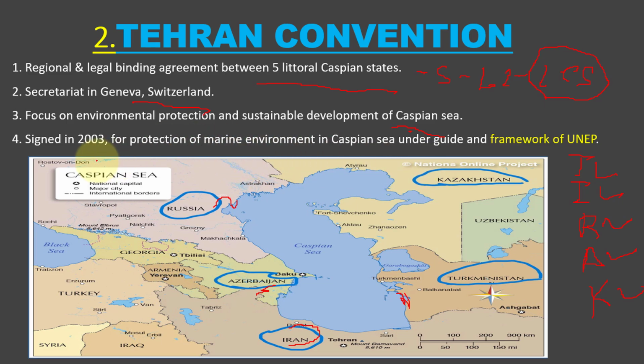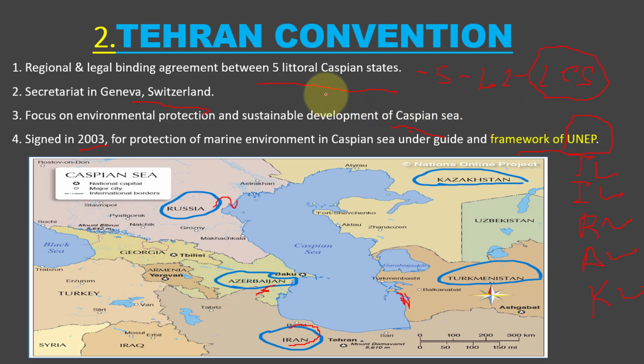Now, friend, the important fact you need to remember is that it was signed in 2003, for protection of the marine environment in the Caspian Sea under the guidance and framework of UNEP. Yes, friend, here is the important fact: the Tehran Convention is under the framework of the United Nations Environment Programme.